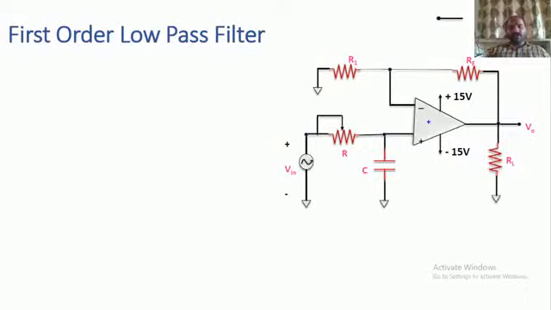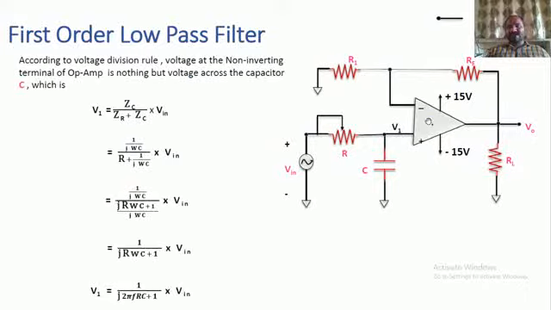Now what I would like to do is calculate the output voltage for this circuit diagram. In order to calculate the output voltage, as I told you, this op amp is configured under the non-inverting mode. You are supposed to calculate how much voltage we are applying at the non-inverting terminal of the op amp.